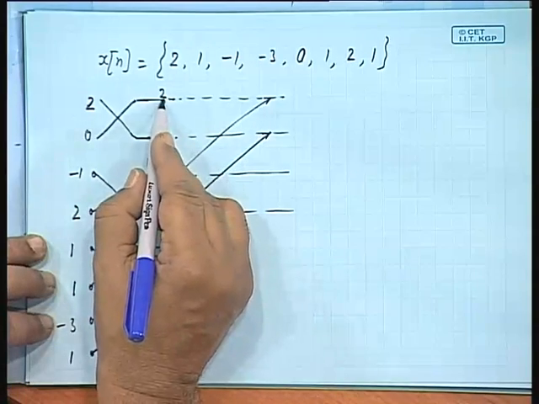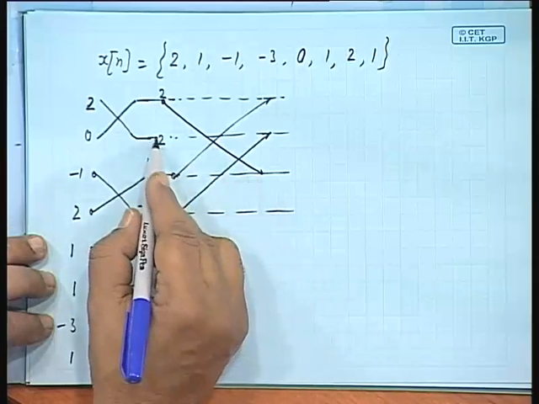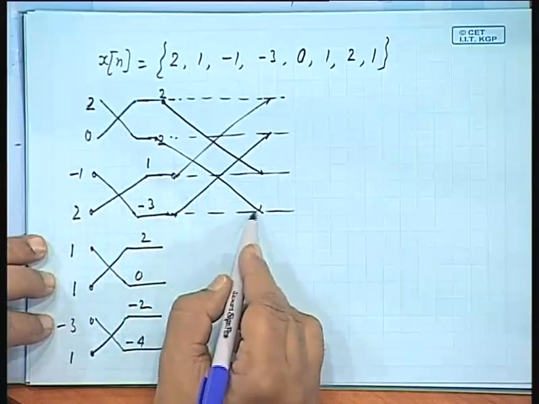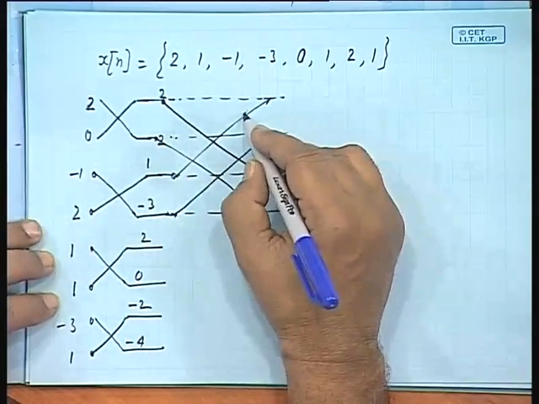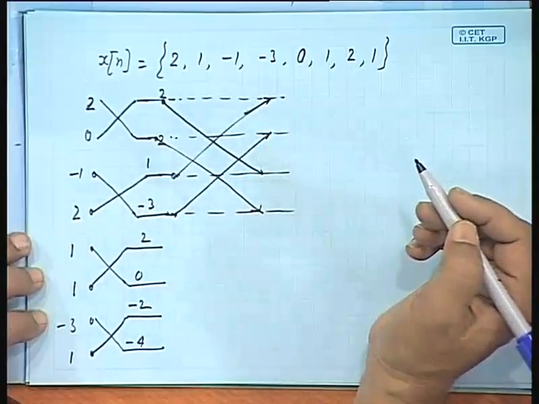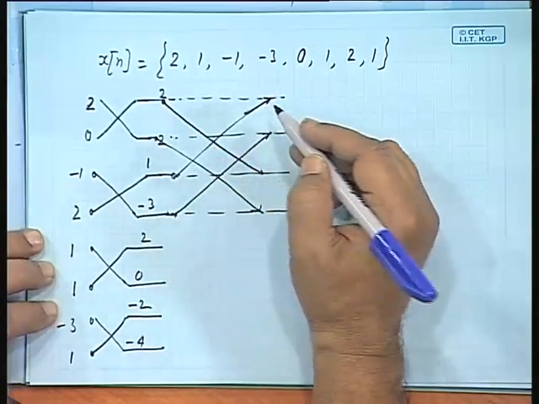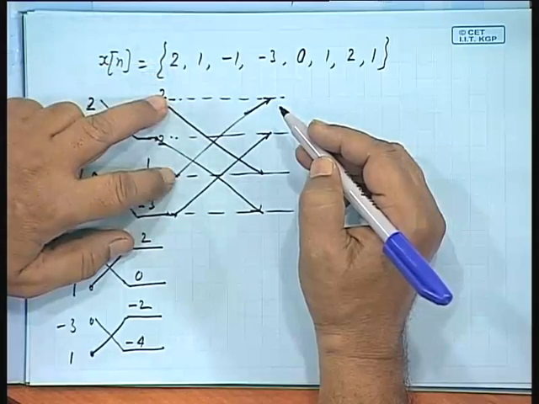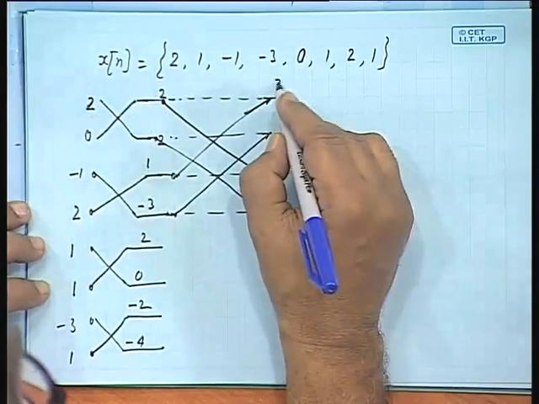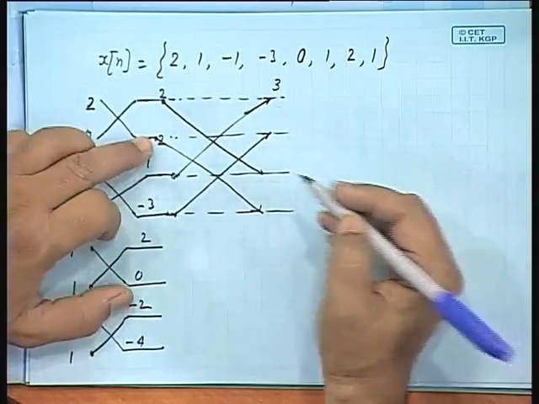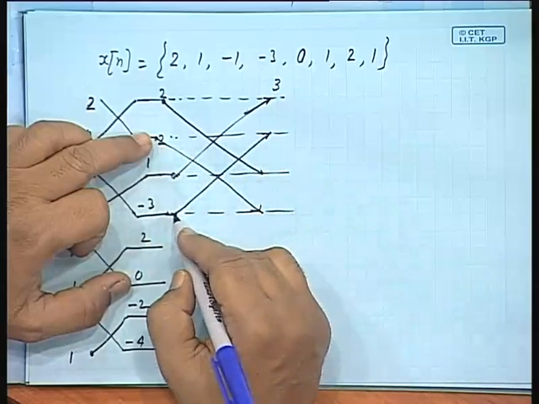This has to be paired with this. This has to be paired with this. What will be the multipliers? This plus this, 2 plus 1, okay. So, 3, and then what should I do with this?